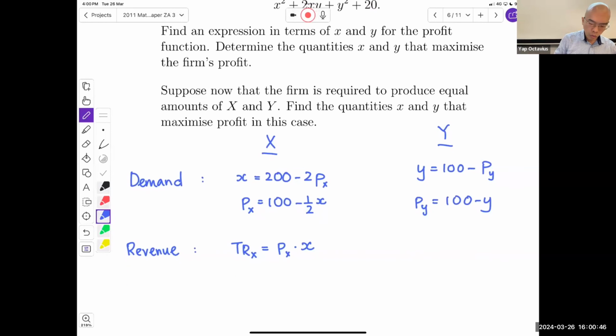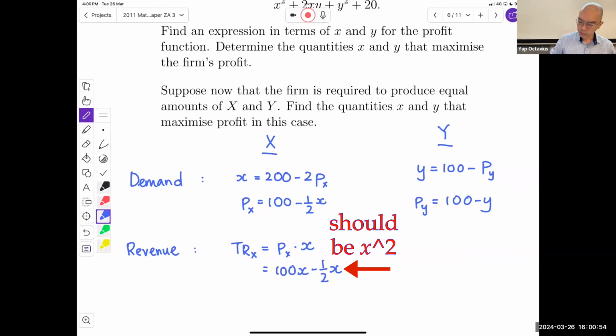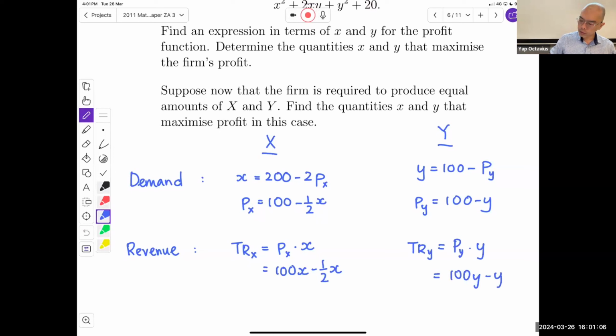Then this one we get, and now this one is total revenue of Y, Y squared.